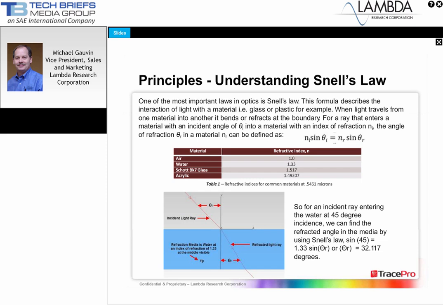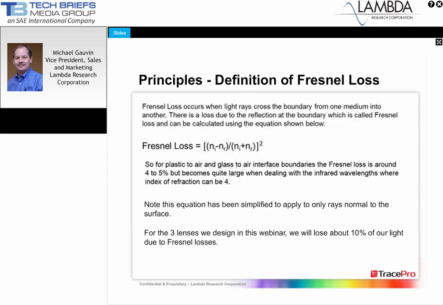For an incident ray entering the water at 45 degrees, we can find the refracted angle using Snell's law because the sine of 45 degrees equals 1.33 times the sine of theta r, which is the refracted angle, where 1.33 is the refractive index of the material, which is water. So that bending, 45 degrees in, becomes 32 degrees in the water. And that's why we get that displacement when we're trying to figure out where things are in the aquarium. It's all Snell's law. This is going to happen in the lens that we're going to design, so we've got to keep that in mind.